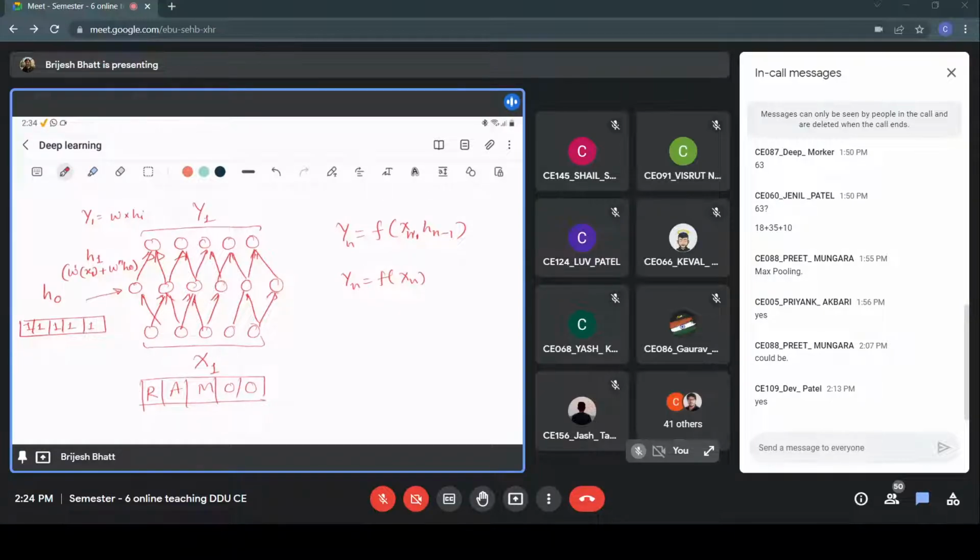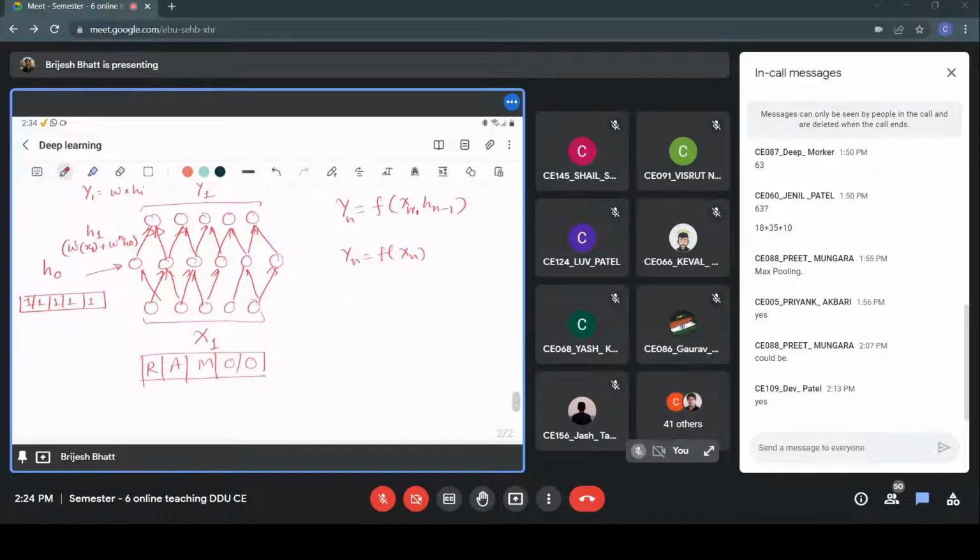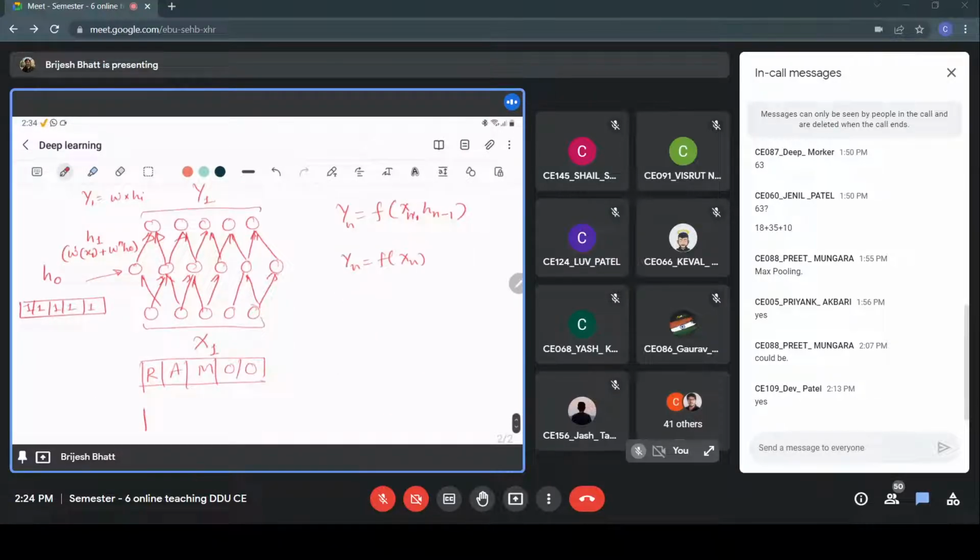And then we move to the next word. So after processing RAM, the next word that we want to process is it. So now again, it will go as the second input, called x2.